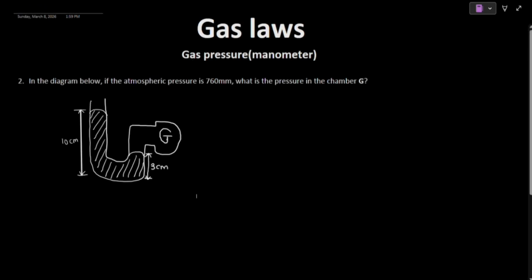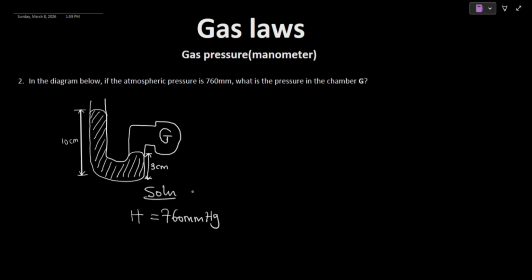So try this. Number 2, you can pause the video and try solving this. Okay, so from the question, in the diagram below, if the atmospheric pressure is 760 millimeter, what is the pressure in the chamber G? We're given the atmospheric pressure to be 760 millimeter of mercury, because the liquid inside this is mercury.